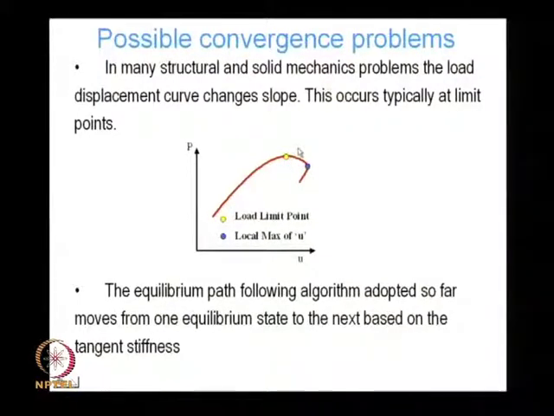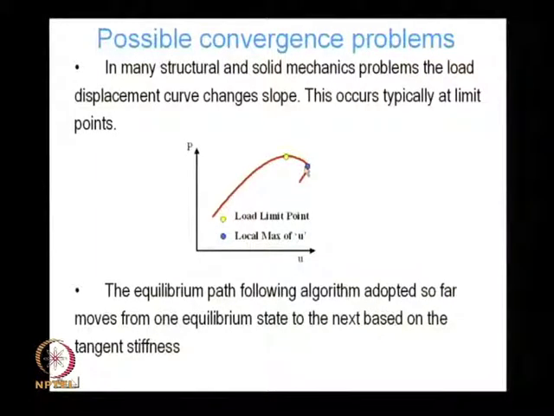When this becomes too huge, it takes an increment like this, it goes somewhere here, and then there is no load displacement curve at that level. So, let us assume that it takes a slope like this and projects it out, takes a displacement increment, and then tries to find a point on the load displacement curve to find the new equilibrium configuration.